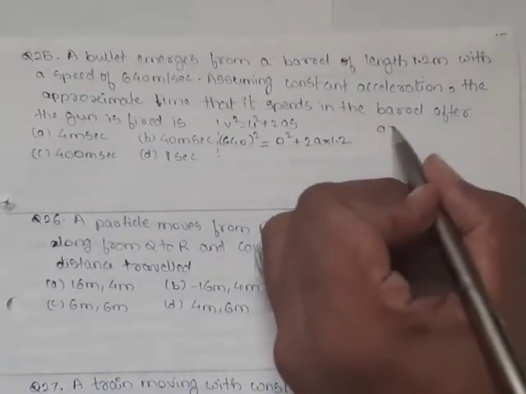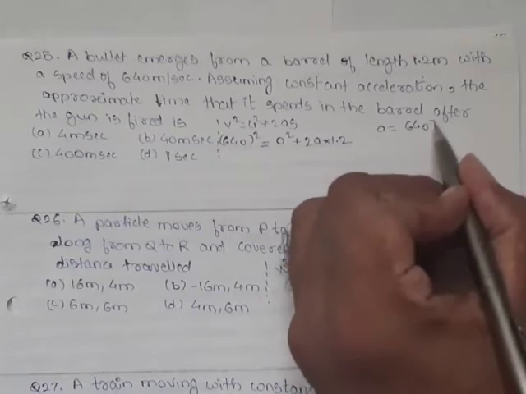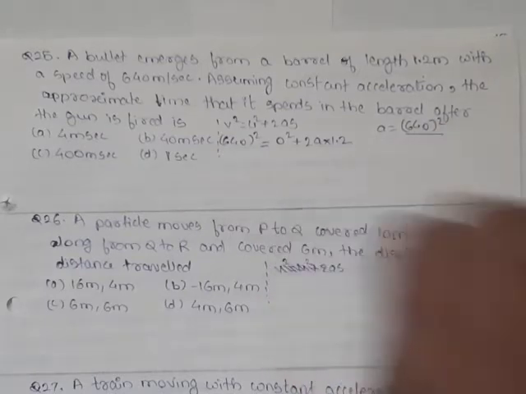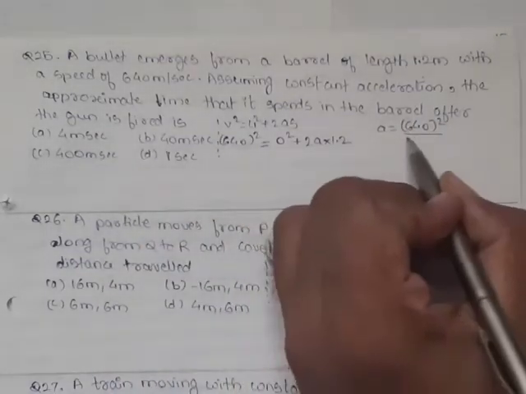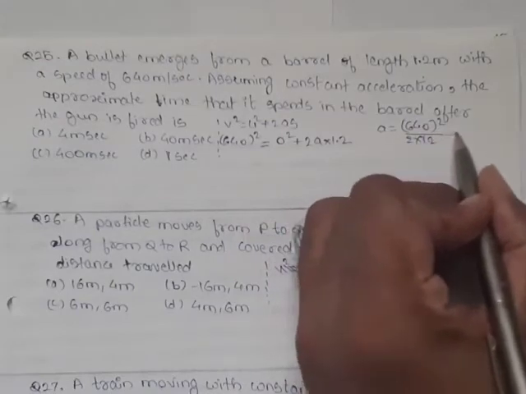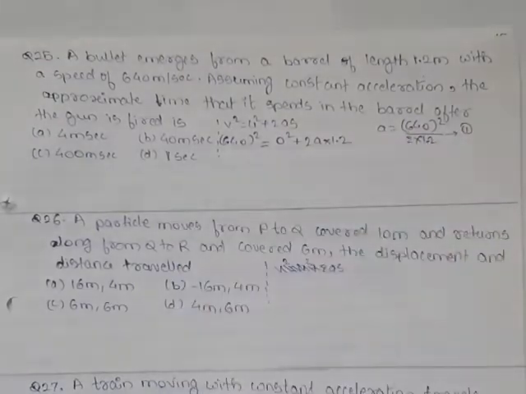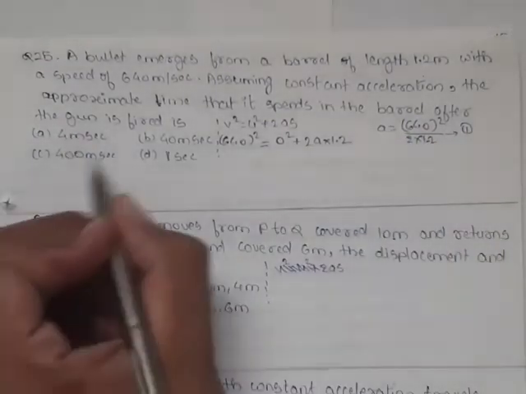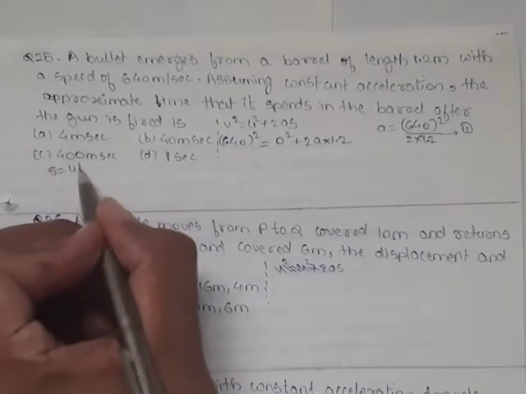So finally, the value of a can be written as 640 square upon 2 into 1.2. We'll keep it as it is. This is equation 1. Now we write down the equation for displacement, s equal to ut plus 1 half at square.